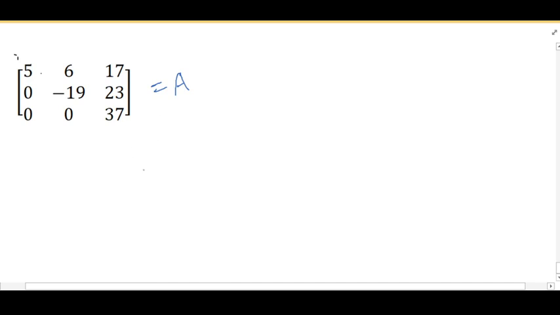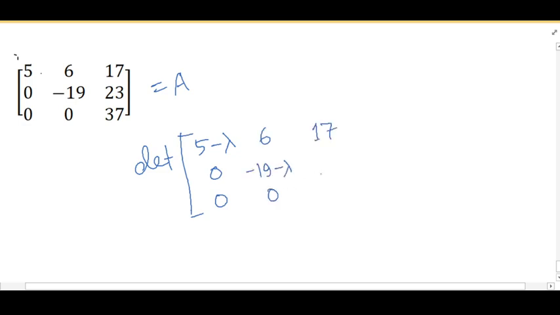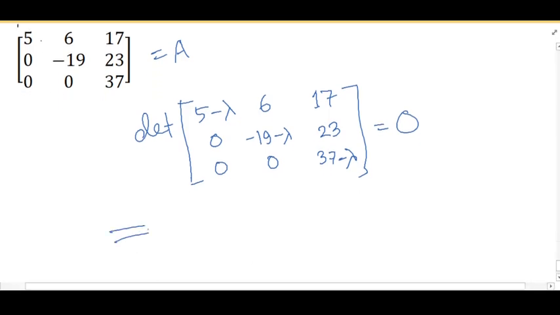I'm not going for the introduction, rather I'm going straight to the solution. The determinant of the matrix with 5 minus lambda, 0, 0, then 6, 17 minus 19 minus lambda, 0, 37 minus lambda, 23, must equal 0 in our case. From there you will achieve the equation 5 minus lambda, and so on.